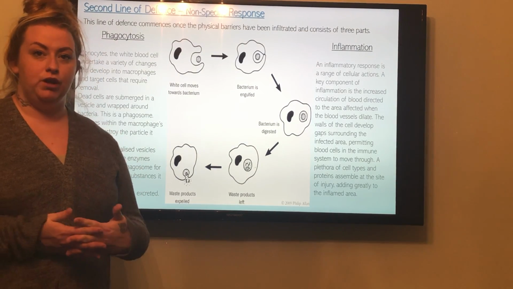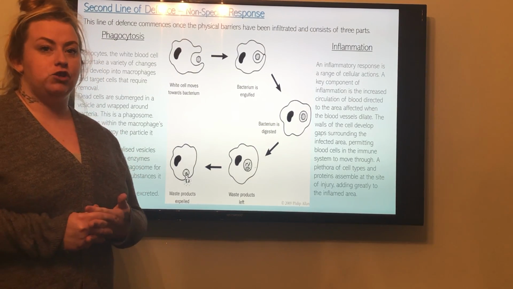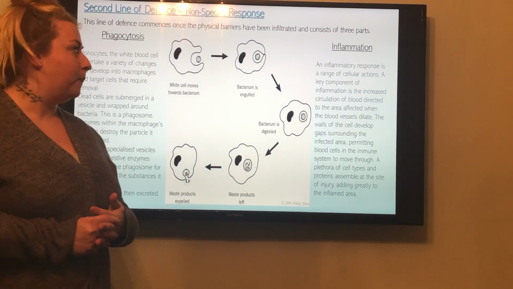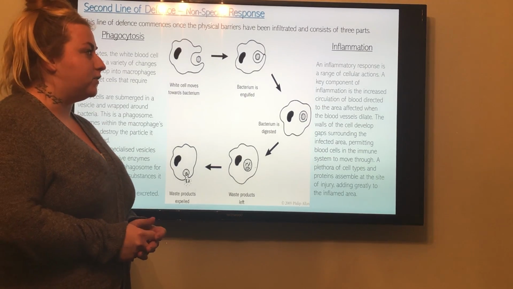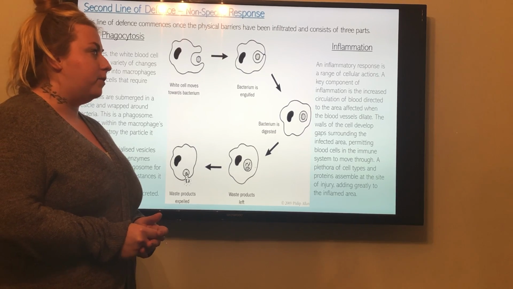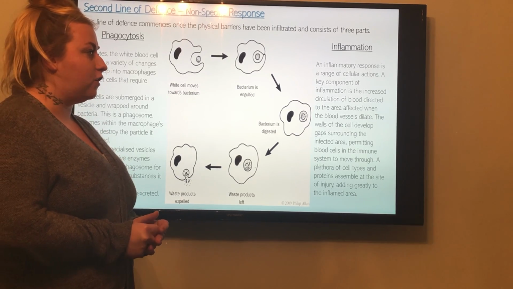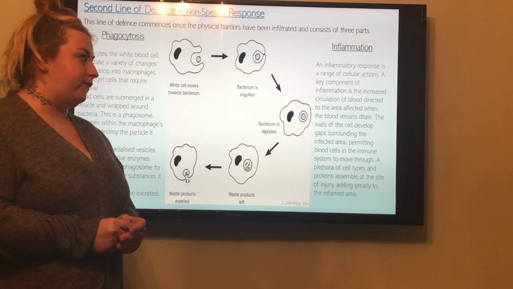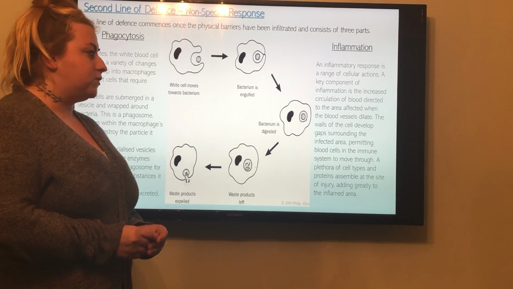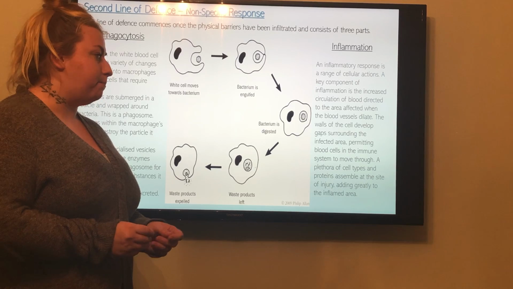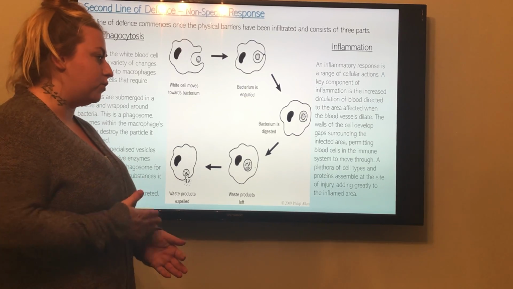Next is inflammation. Inflammation occurs following infection or at the site of injury. An inflammatory response is a range of cellular actions. A key component of inflammation is the increased circulation of blood, directed to the area affected when the blood vessels dilate. The walls of the vessels develop gaps surrounding the infected area, permitting blood cells in the immune system to move through.